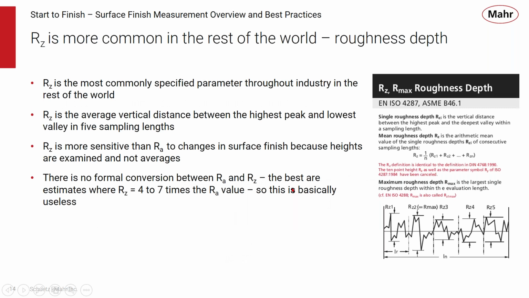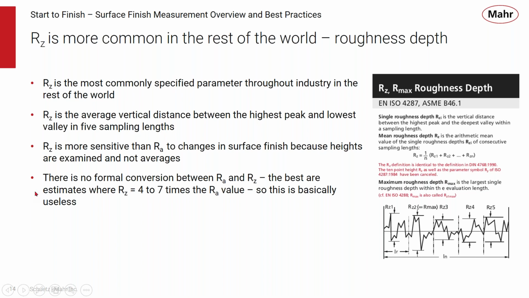So for the rest of the world, R sub Z is the most commonly specified parameter. It's an average of the vertical distance between the highest peak and the lowest valley in 5 sampling lengths. So it's a little bit different. It's much more sensitive than Ra to changes in surface finish because heights are examined rather than the averages.